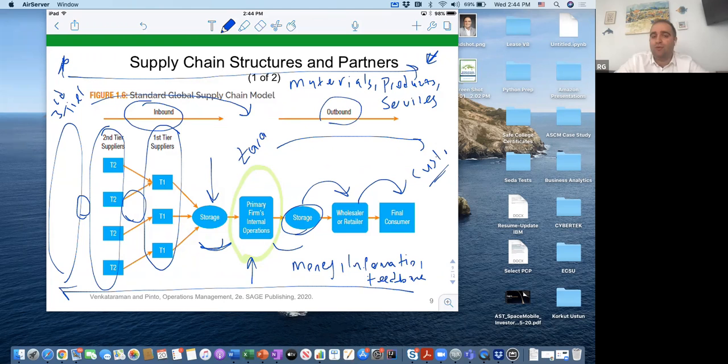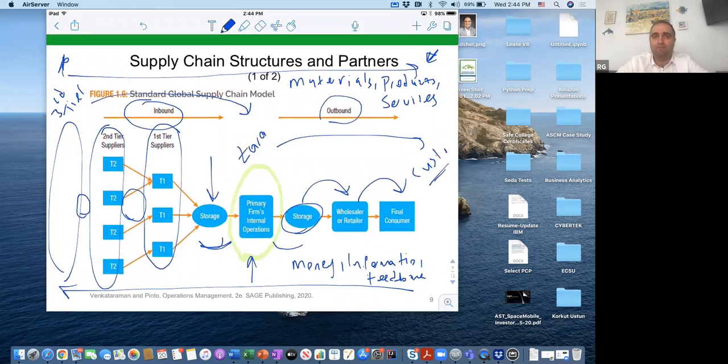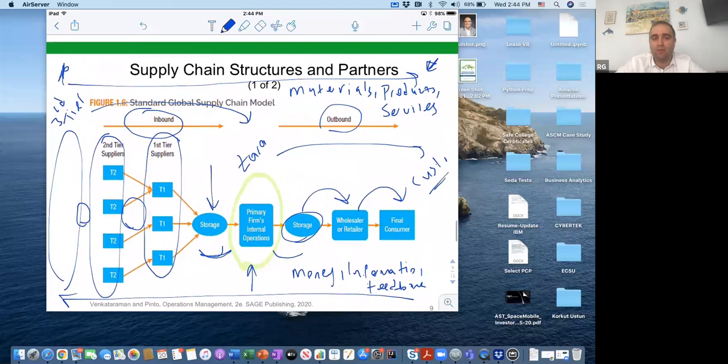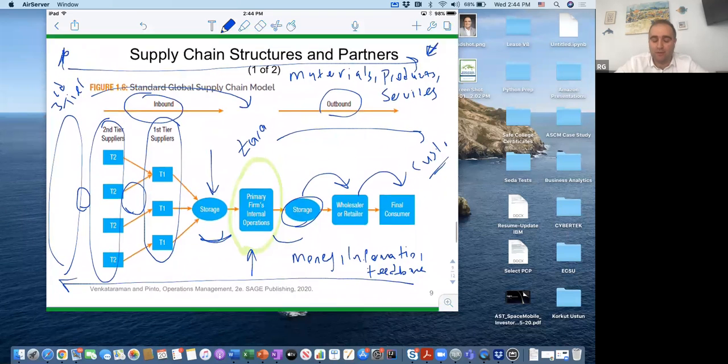You have to also handle money, information, and feedback flow. We will have a very similar experiential learning activity in week 2. I will get into those details later in week 2, but it is going to be about identifying a company and making sure that we can list out their inbound and outbound operations.